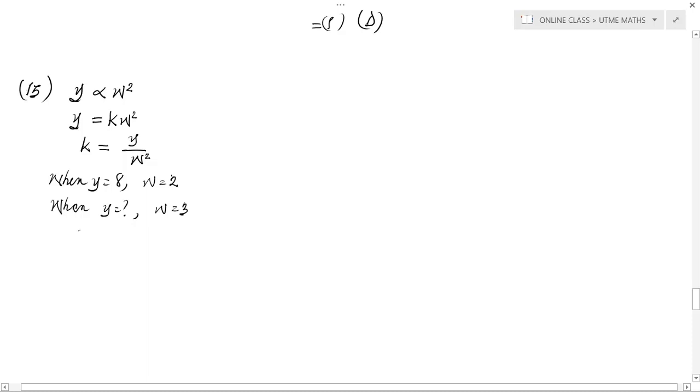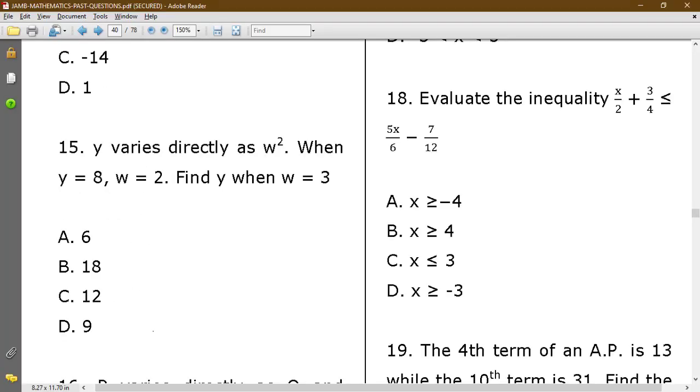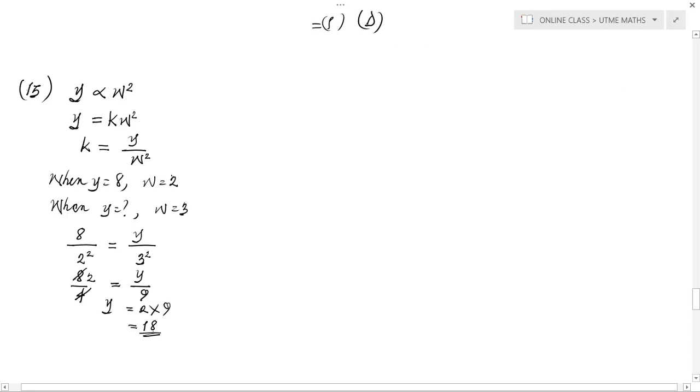So y1 is 8, you say 8 over w1 squared, that will be 2 squared, equals y2, which is ordinary y, you don't know, all over w2 squared, that will be 3 squared. So in this case, we have 8 over 4 equals y over 9. 4 into 8 is 2. Cross multiply. y equals 2 times 9, which is equal to 18. And with that, we get the real answer there. That is B in this case. So the answer there is B.